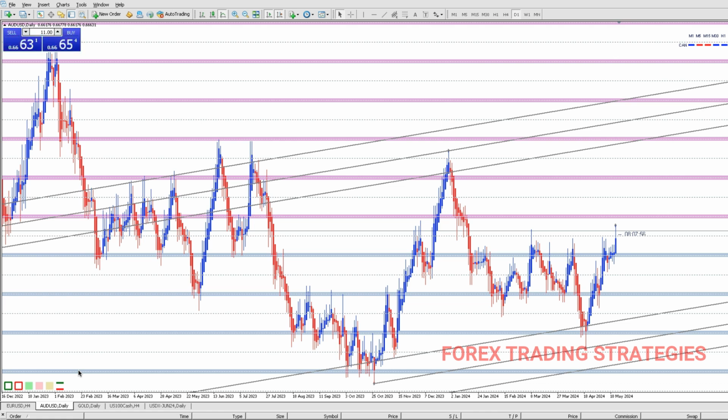So you start with a smaller lot size. For example, if you have a $100 account, maybe you are using a 0.01 lot size, and then as the account starts to grow, maybe you can move it to 0.15, 0.20, and things like that.